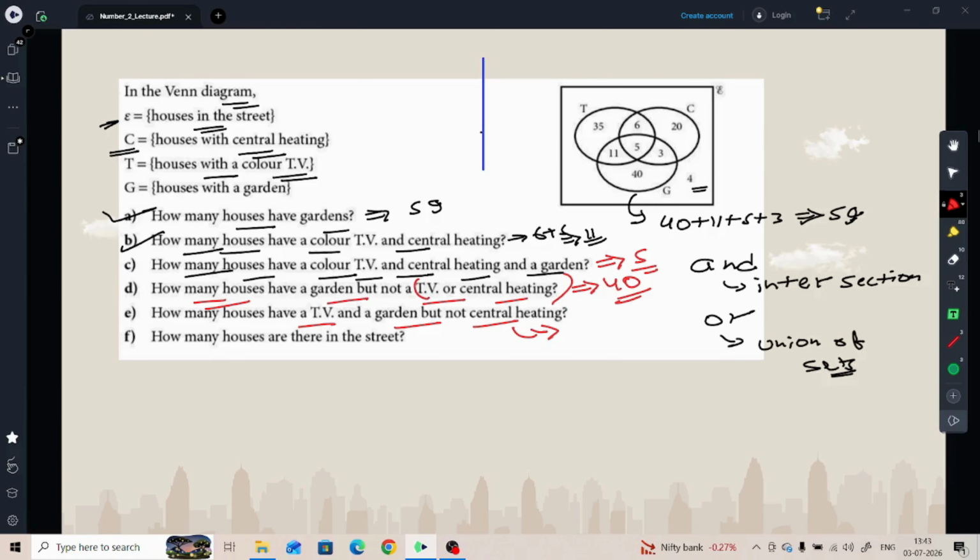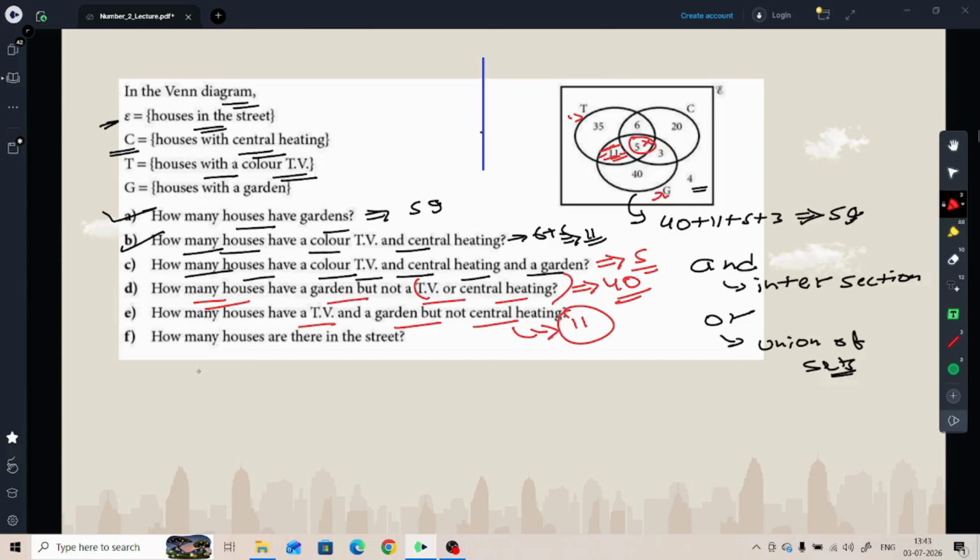Now this is also a very easy question to understand. Let's see. To have a TV, it should lie in T, and it should be the intersection of T and G for sure, but not central heating, so this part won't be included, and this part only will be the answer. And that is how much? That is 11. So 11 is the answer.